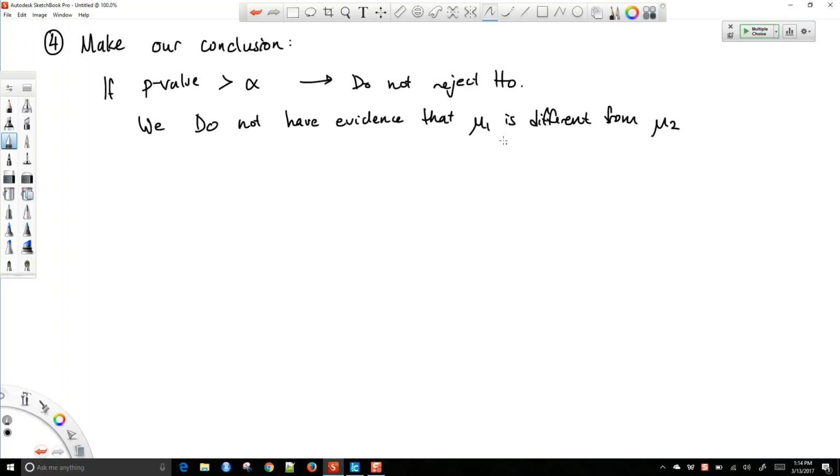Or is greater than, or is less than, depending on what the alternative says, right?